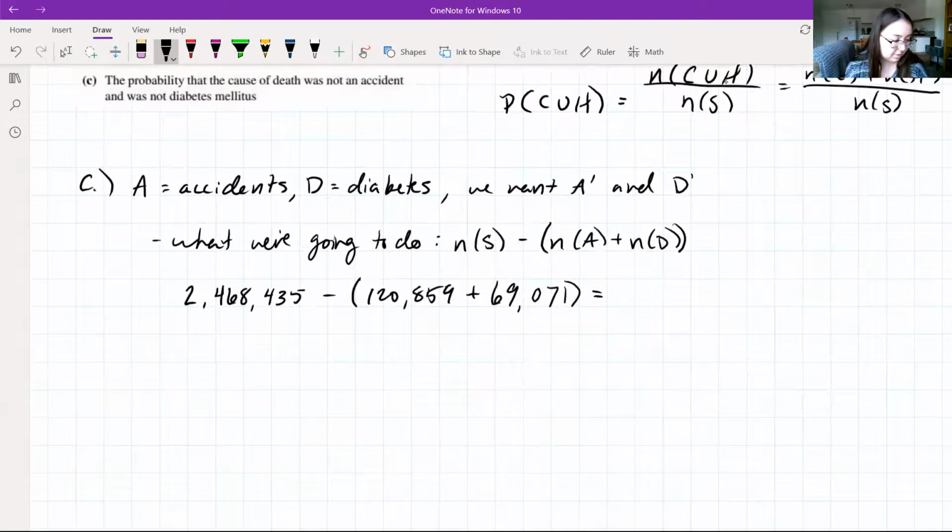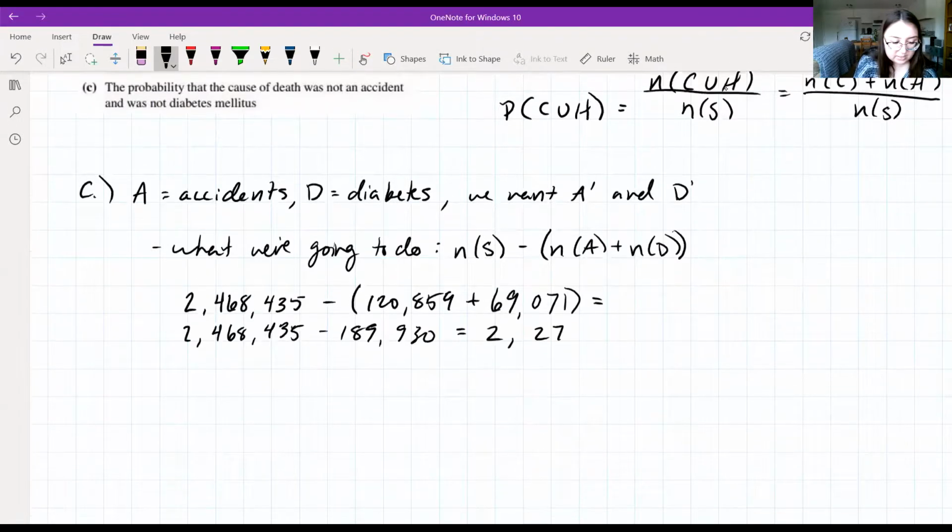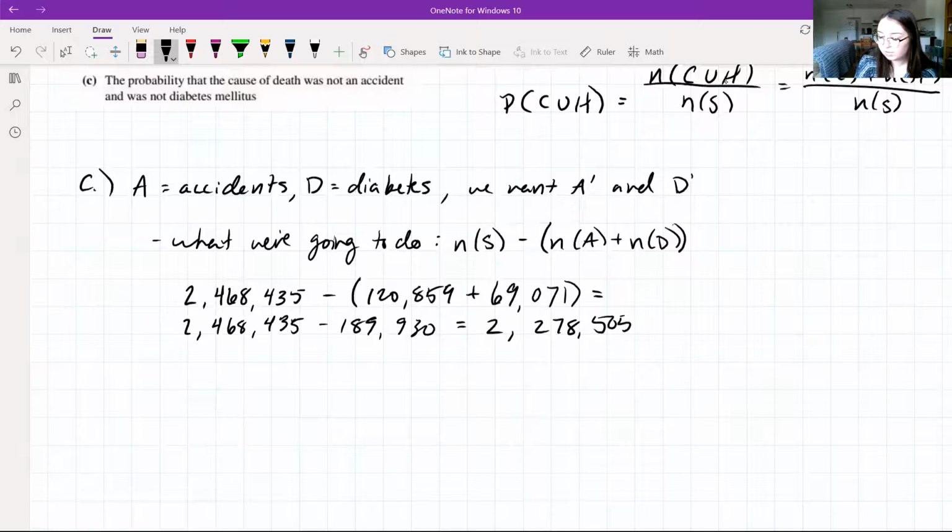So we want to find these values. So if we simplify this a little bit, we're going to get our sample size here minus 189,930. And this is going to give us 2,278,505.